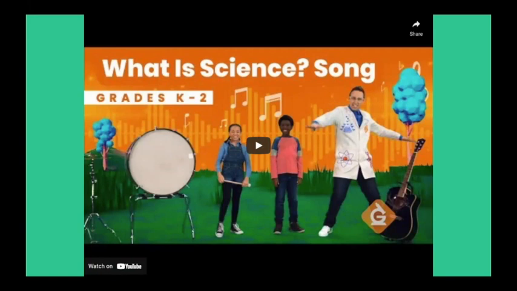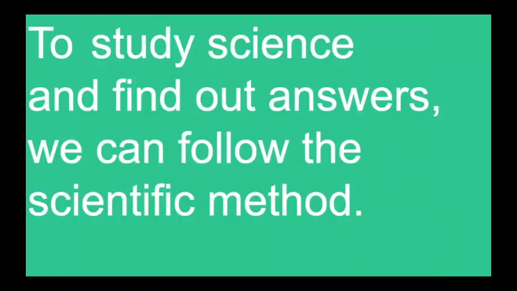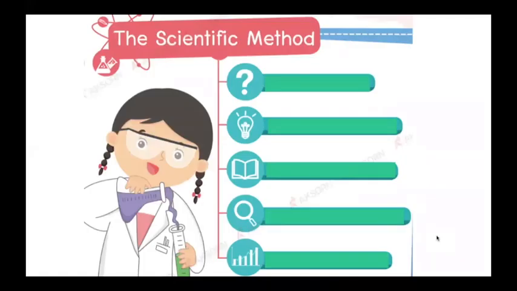All right, good job. I hope you sing along. So also we know that to study science and find out answers about our world, we can follow the scientific method. Scientific method can include 5 steps. Number 1, asking questions. Number 2, predicting the answers.